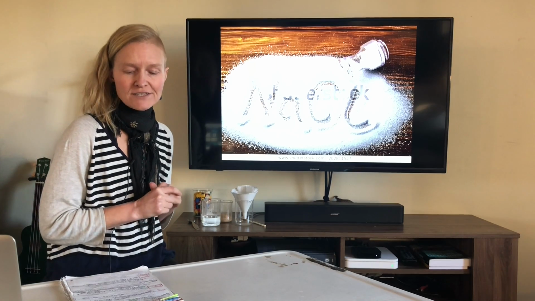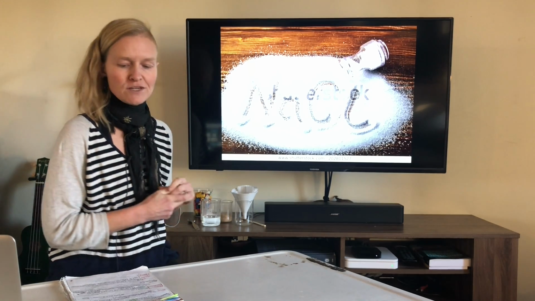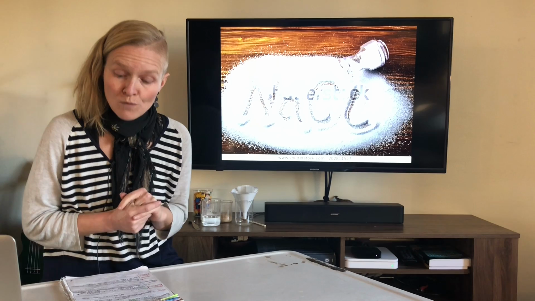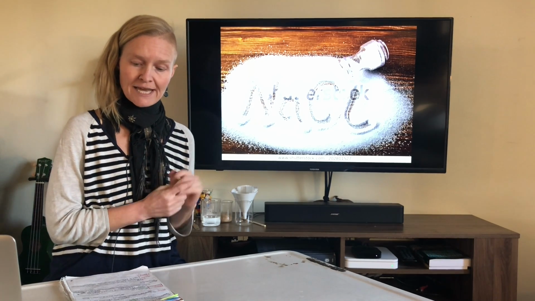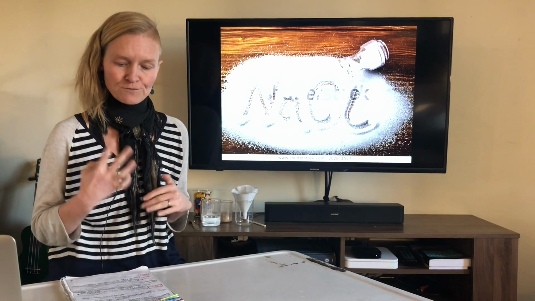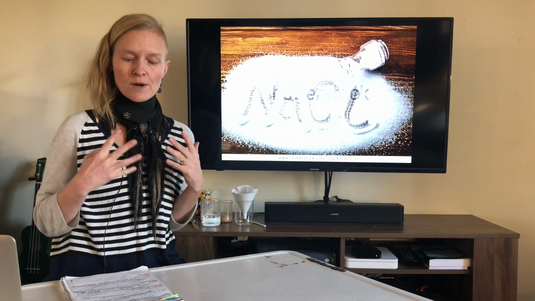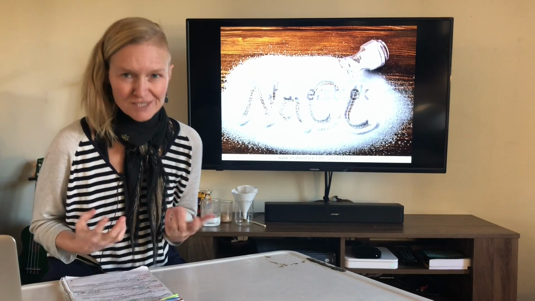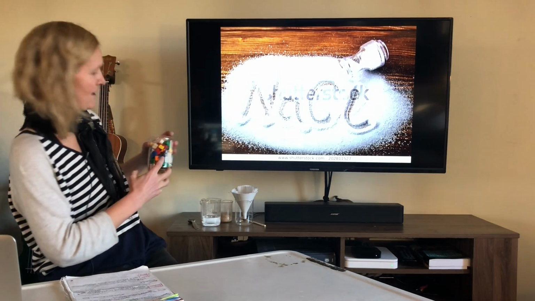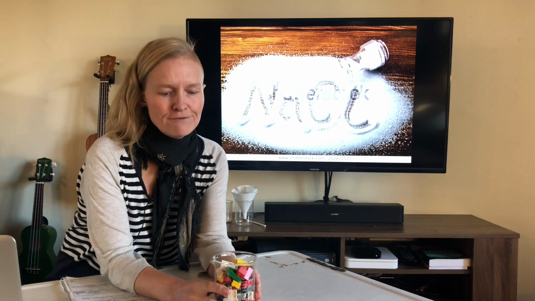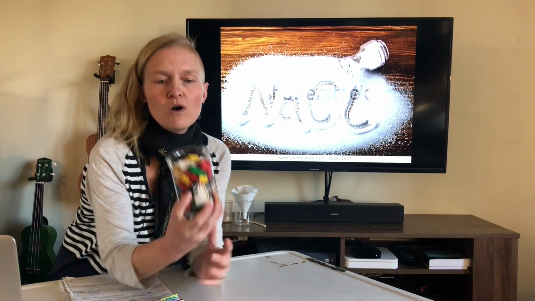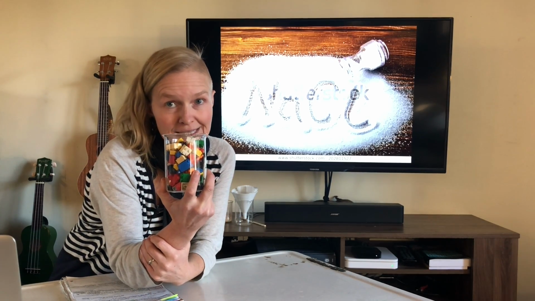Okay, so now let's talk about something called a mixture. When two or more pure compounds like salt and sand are physically combined or mixed together, they form what's called a mixture. So here we have a beaker full of what we all know is Lego.